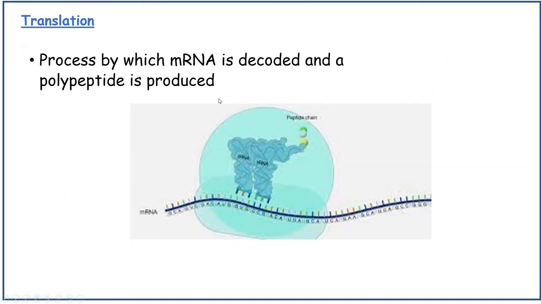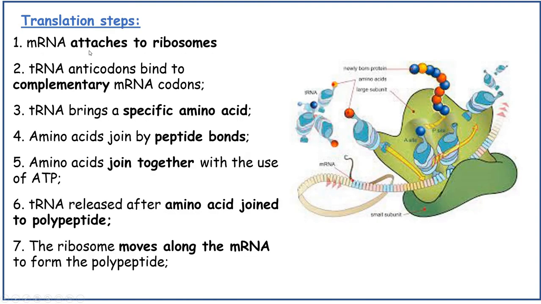So now looking at translation, which is a process by which mRNA is decoded and a polypeptide is produced. So the steps of translation. First thing is that the mRNA attaches to ribosomes.